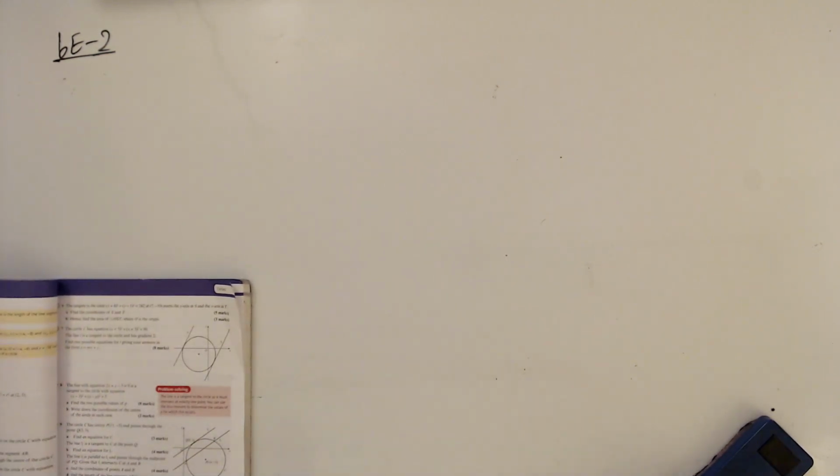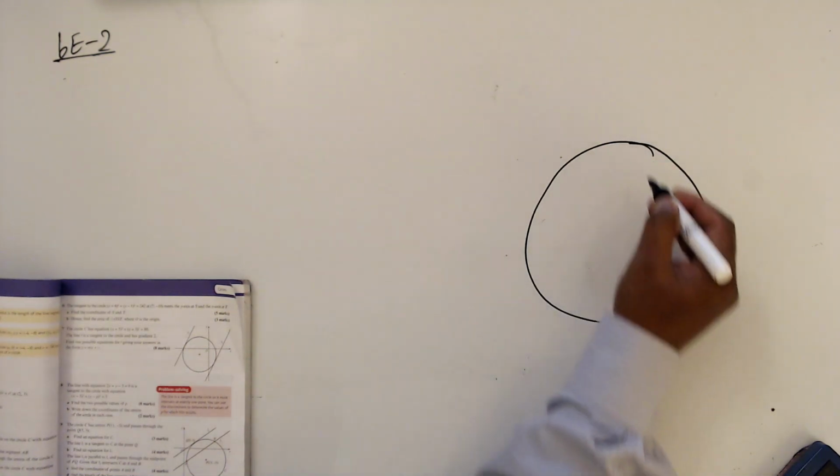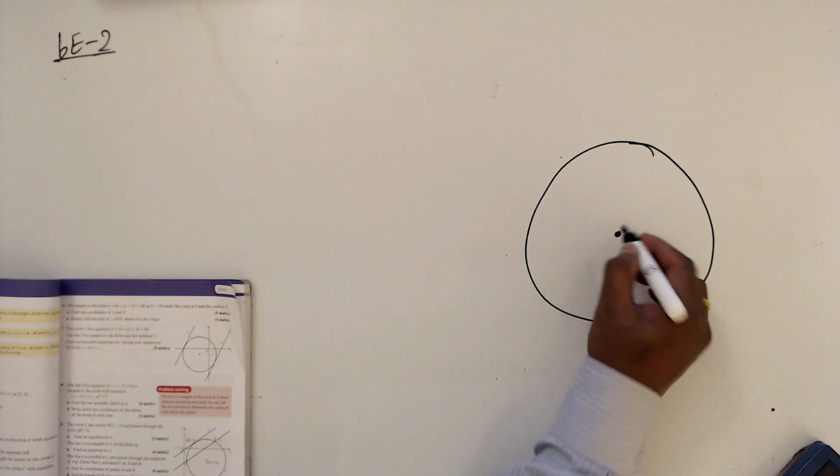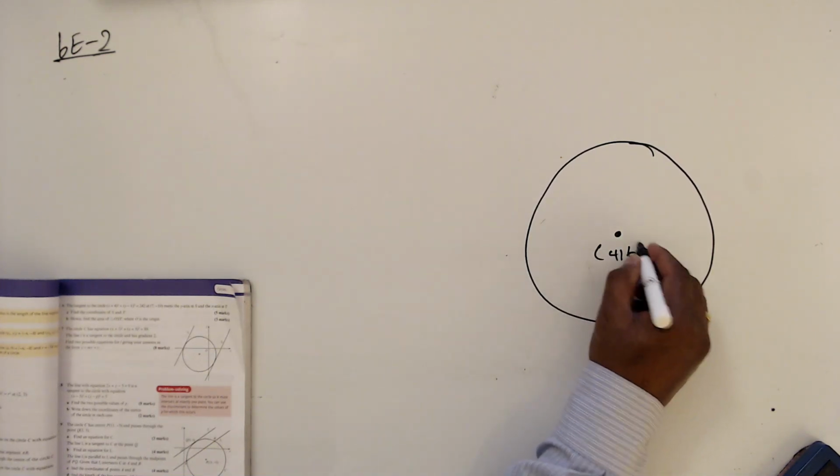Question number 2. There's a circle, so it has a center. The center is (4, 6).